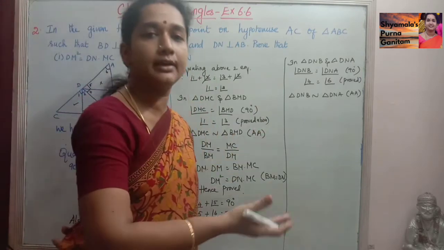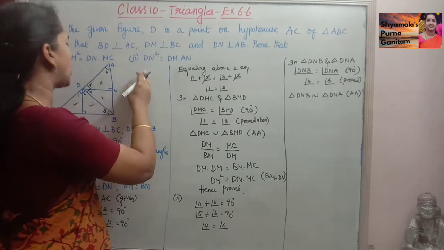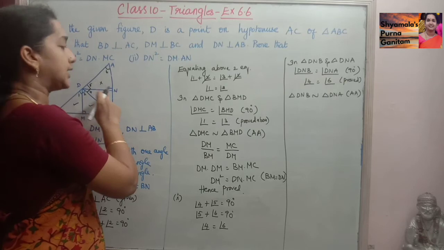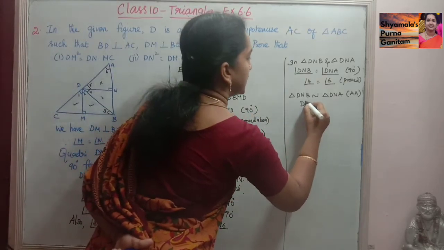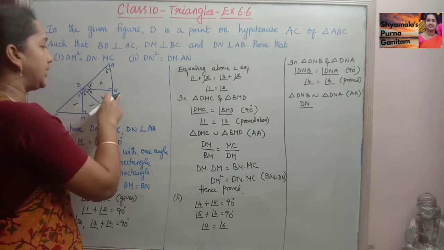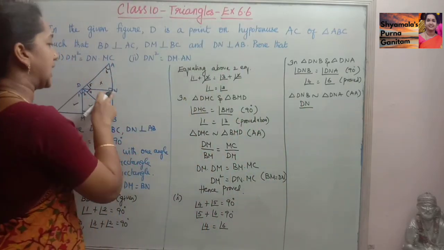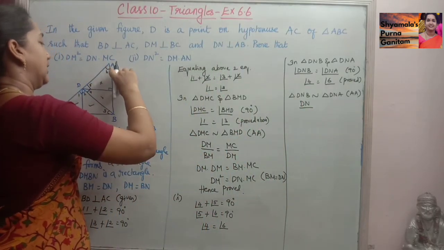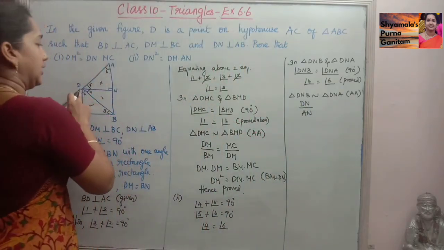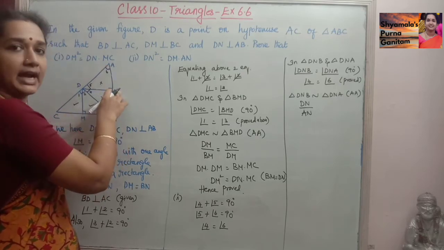Now since we have proved the similarity, we will say the sides are proportional. For the proportional sides, the same procedure we will follow. DN is the height for the first triangle, and the height for the other one is AN.